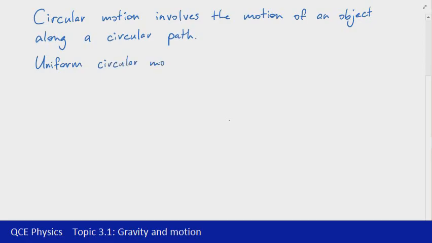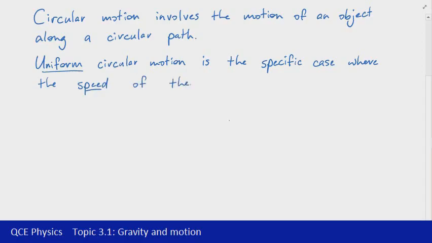So uniform circular motion, with the emphasis here on the word uniform, is the specific case where the speed of the object is constant. Now, situations involving vertical circles would involve a situation where the speed is not constant, so we're not really going to be looking at motion in a vertical circle.